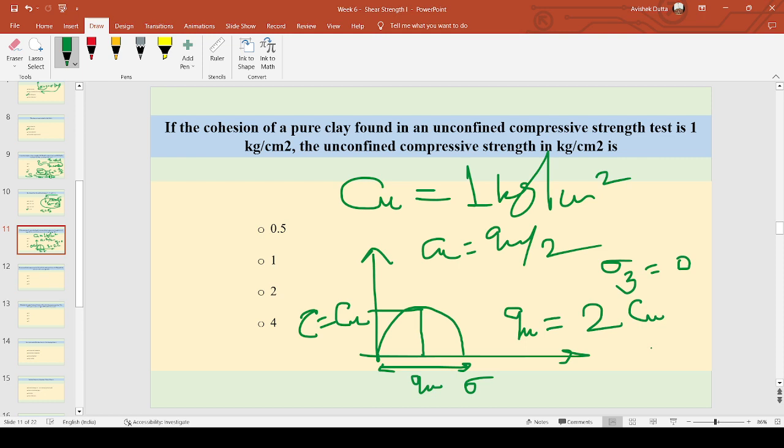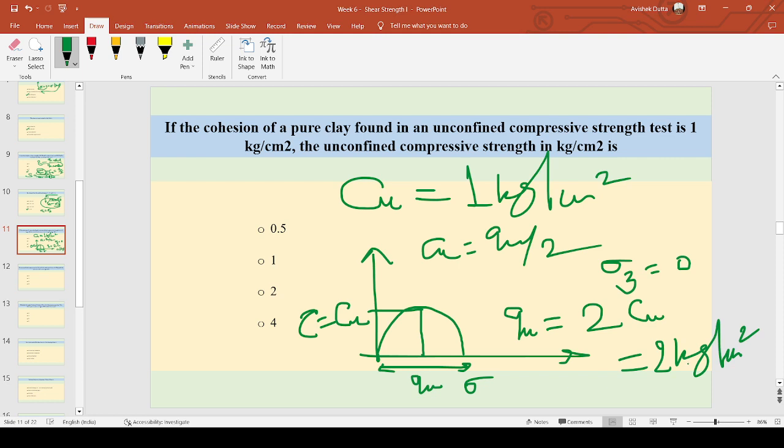So the unconfined compressive strength in the unconfined compressive strength test is twice the value of the shear strength or the undrained cohesion, because the undrained cohesion is nothing but the shear strength of the soil. So in this case, twice of Cu means twice of 1, that is 2 kg per centimeter square.